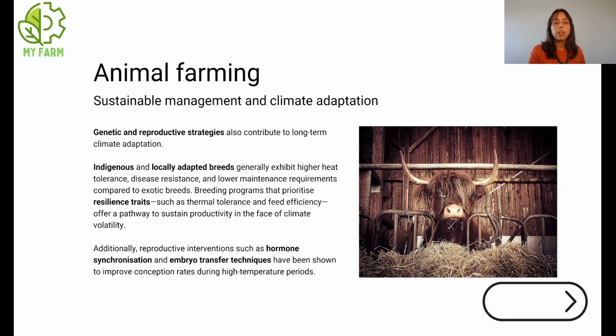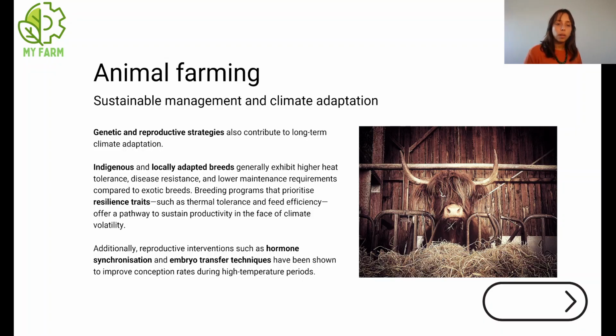Genetic and reproductive strategies also contribute to long-term climate adaptation. Indigenous and locally adapted breeds generally exhibit higher heat tolerance, disease resistance, and lower maintenance requirements compared to exotic breeds.